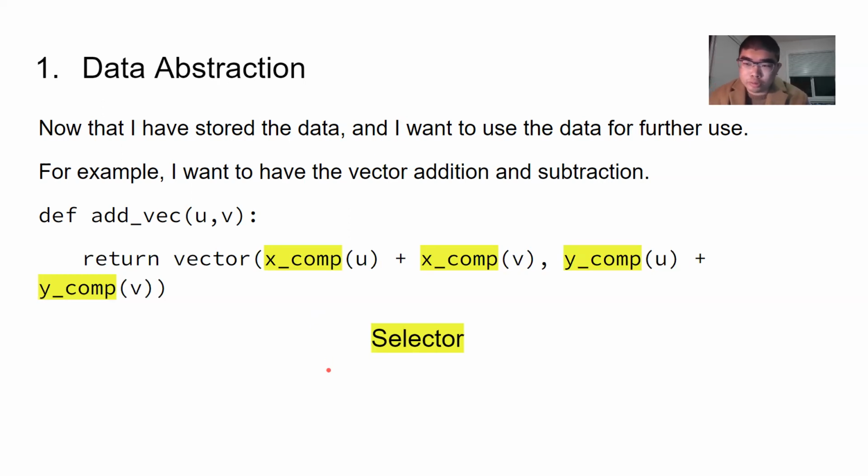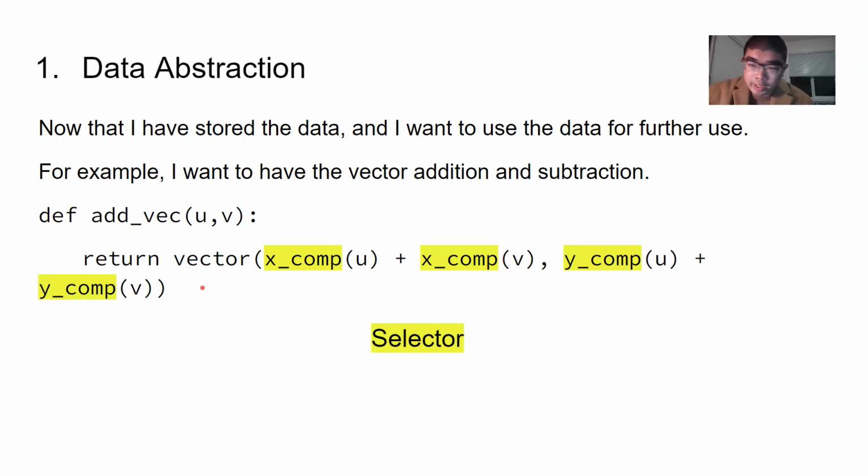We get the X component using the X component selector, and the Y component using the Y component selector. So you can get access to the corresponding component of a vector. Because these are functions that return the components you want, you just add them together.